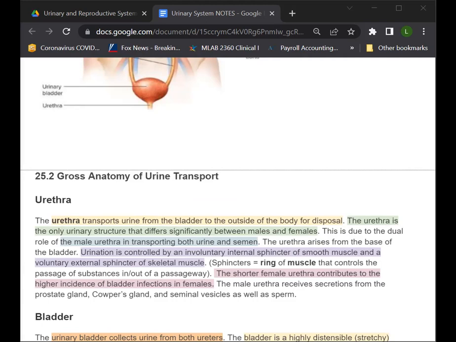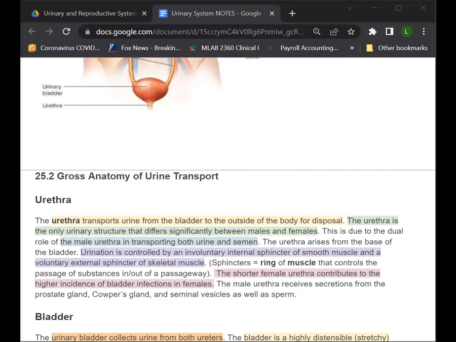Because in both men and women, we both have two kidneys, we both have two ureters, we both have one bladder, and we both have one urethra, but our urethra's structure and purpose is different between men and women.